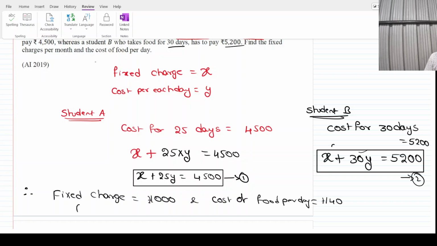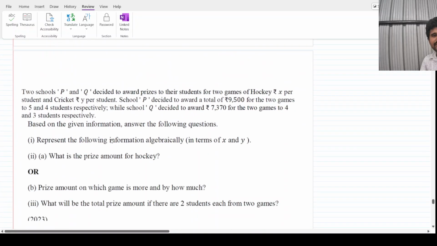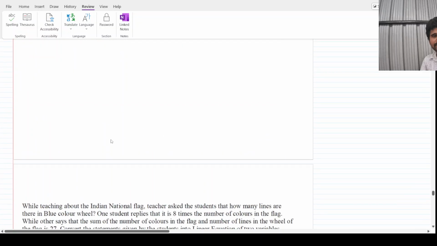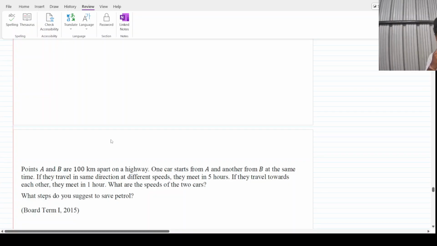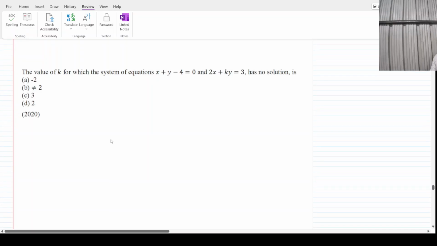He said fixed charge per month, okay, fixed charge per month. Understand? Or else simply fixed charge, no issue. Is that clear? Yes or no? Yes. Let's see the next question. We have to solve this highway question next. Okay.